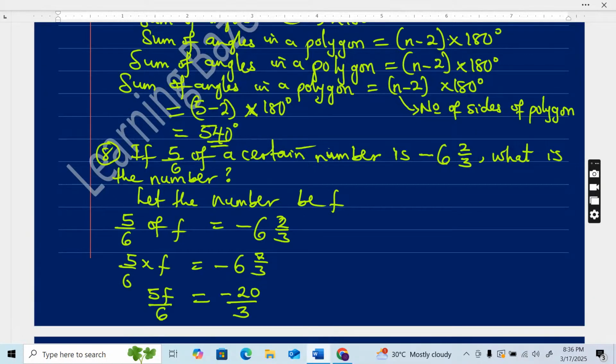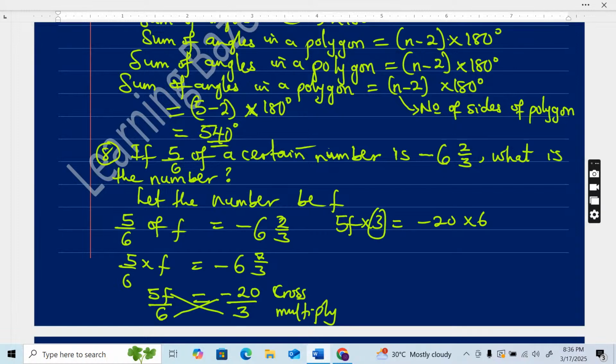When you have a fraction on the left and a fraction on the right, what you should do is cross multiply. So 5f times 3 equals minus 20 times 6.